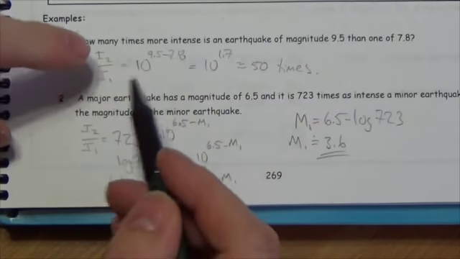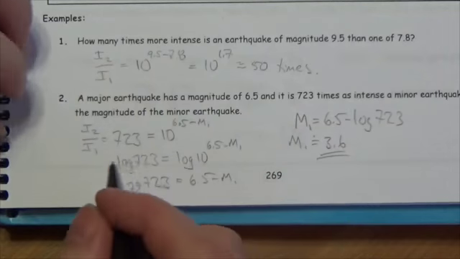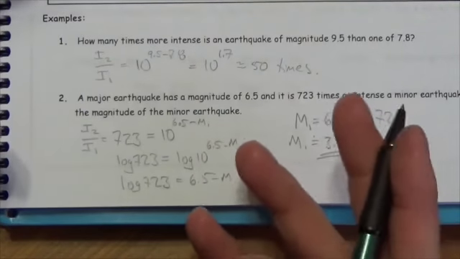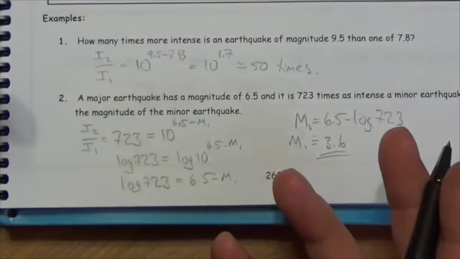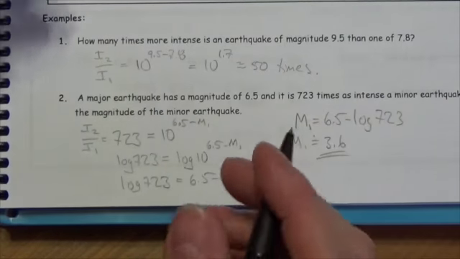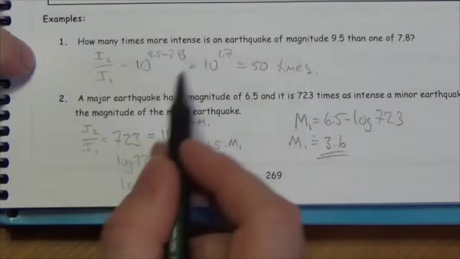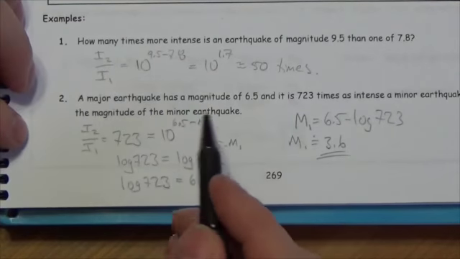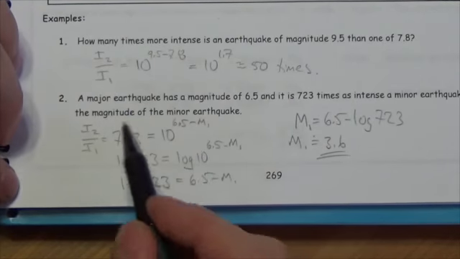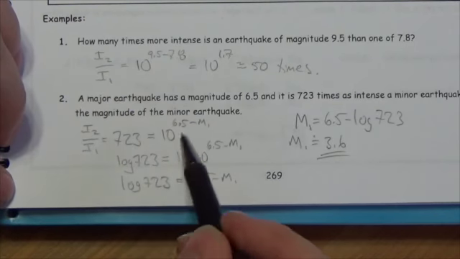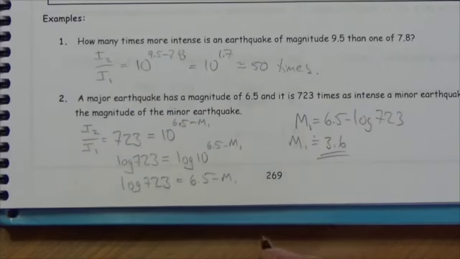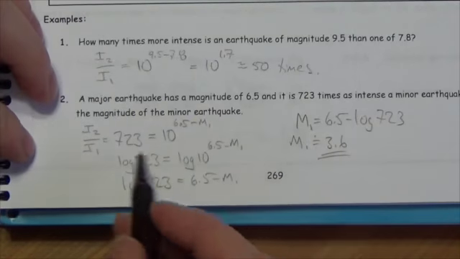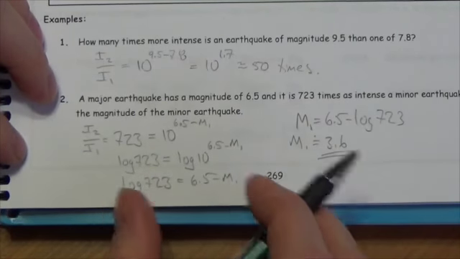If it's this right here, you're basically just plugging in the information. Now, it might not be obvious to you in some of these cases what information you've got. Sometimes you're going to have to think about what the problem is telling you, but this is basically what that'll boil down to. It's just determining what that ratio is. Same thing here. You'll be given the ratio of those two intensities and one of those magnitudes in one way or the other, and then you have to solve for what's missing here. Now, in this case, this would require a logarithm.